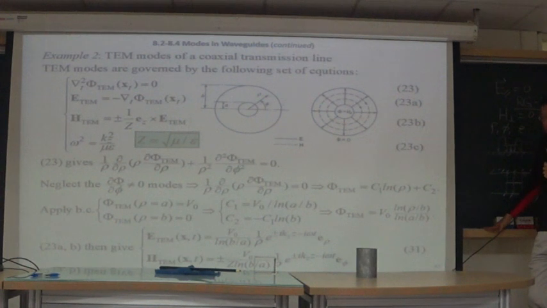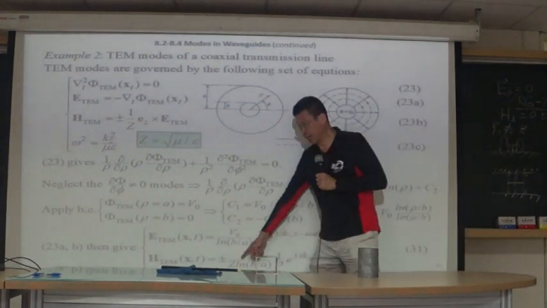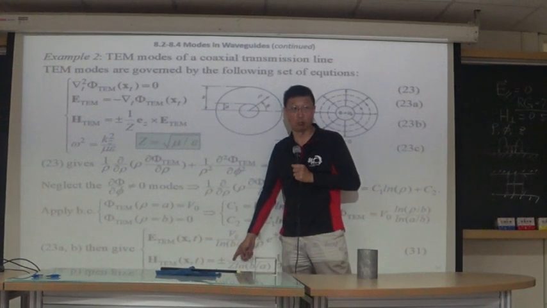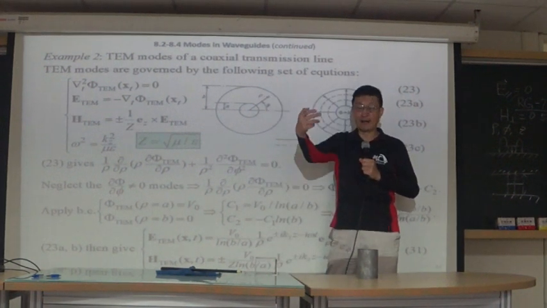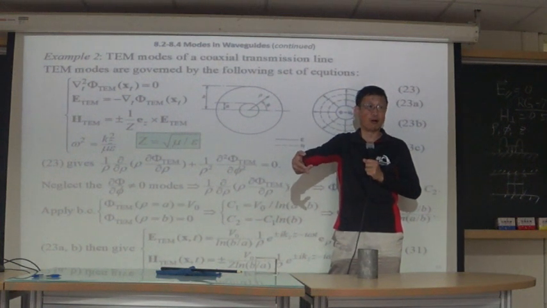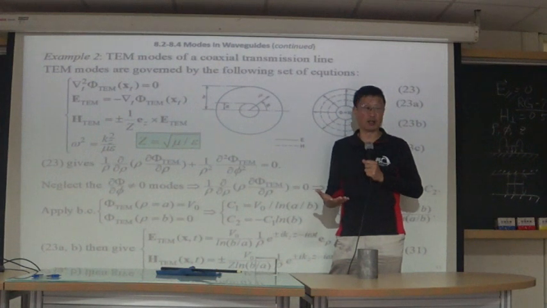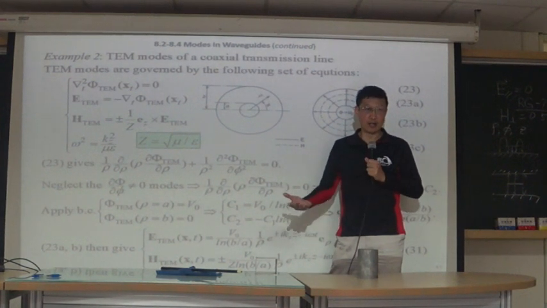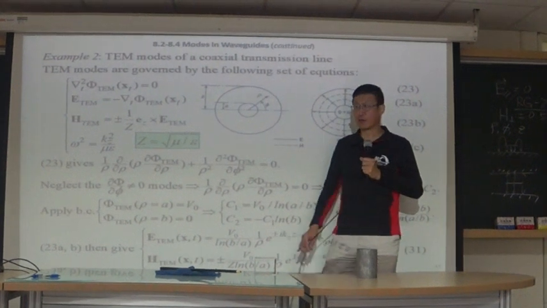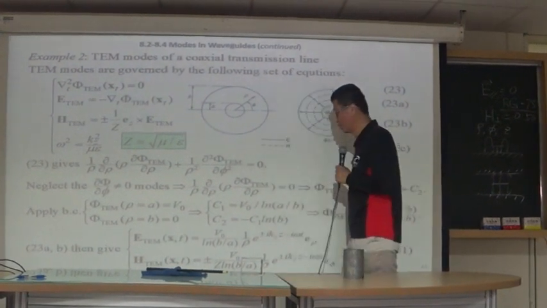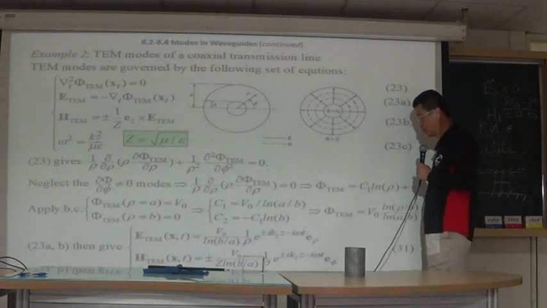For RG50, the ratio Z is 50 ohm. That's the ratio between the E field and the H field. Just 50 ohm, the same dimension as resistance. So that's the ratio between E and H.